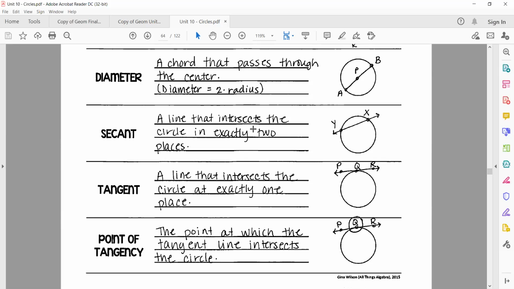If you've ever heard somebody say, in common language, that they flew off on a tangent when they're talking about something, this example here of a line that barely touches the circle is what that really means.